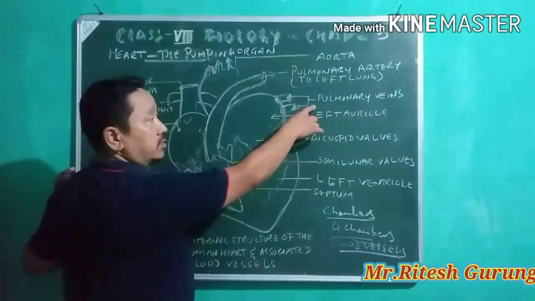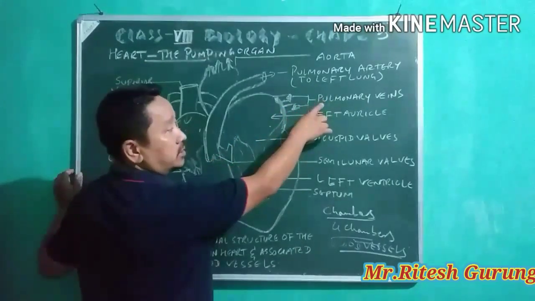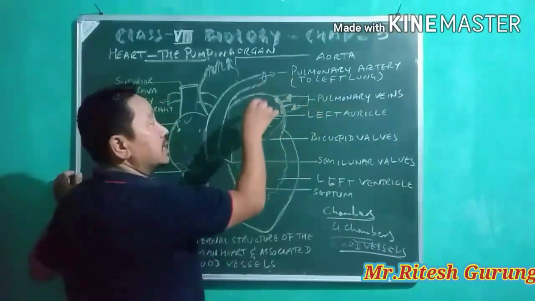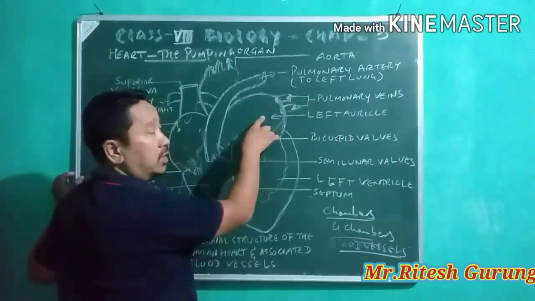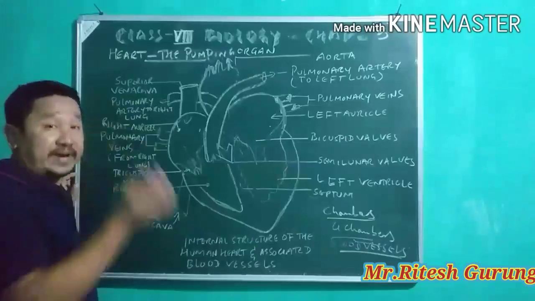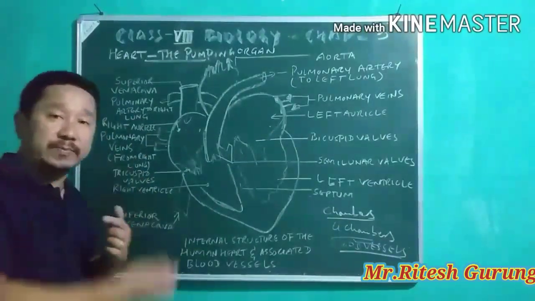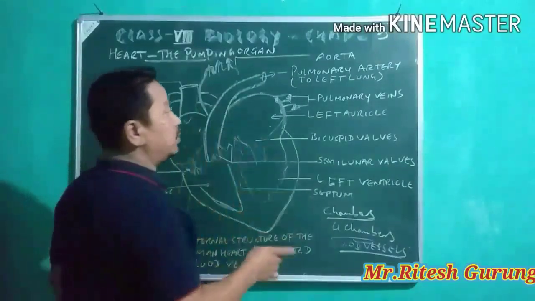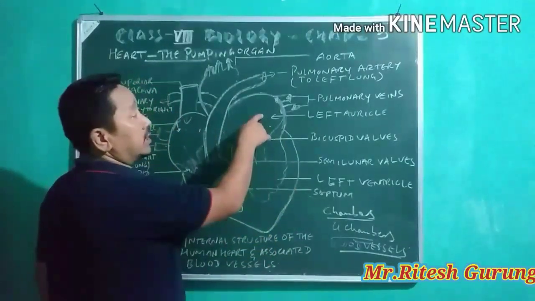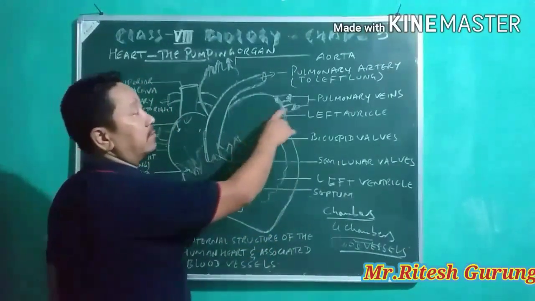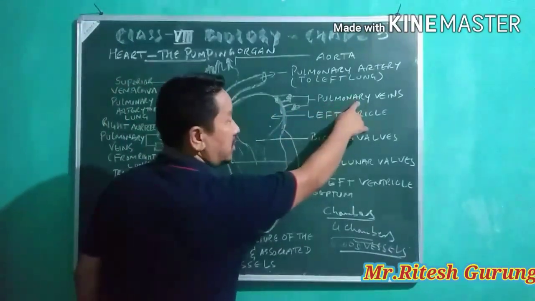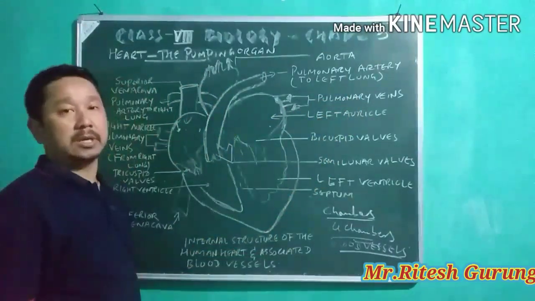From the left lungs into the left auricle, the blood which is purified, because in the lungs the blood will be purified, so that purified blood will be brought here into the left auricle by the pulmonary veins coming from the left lungs.